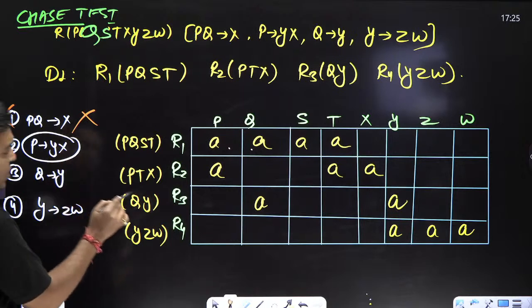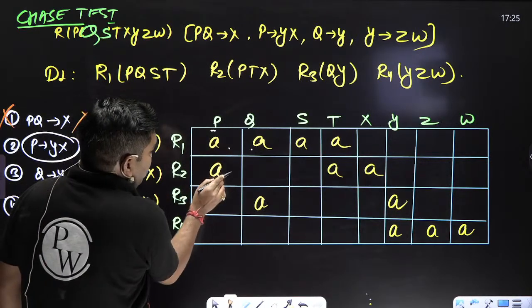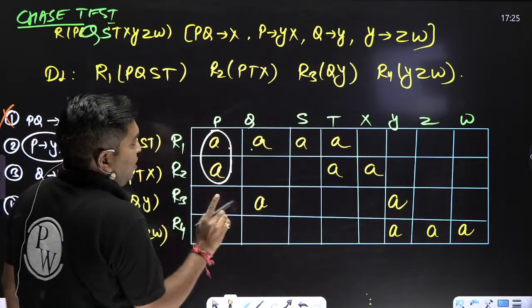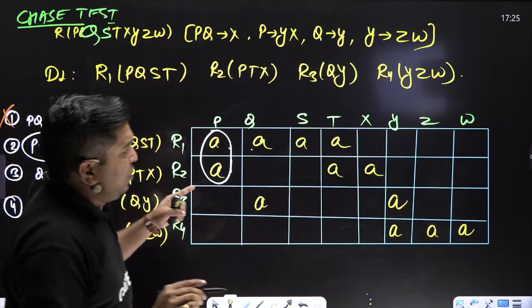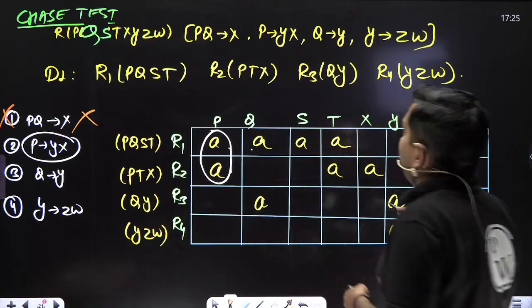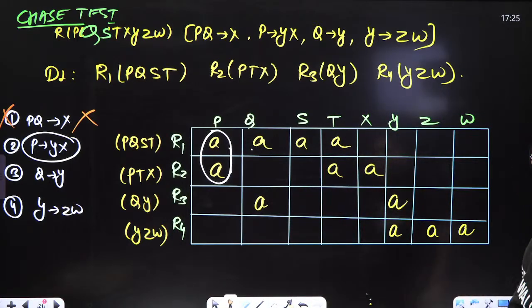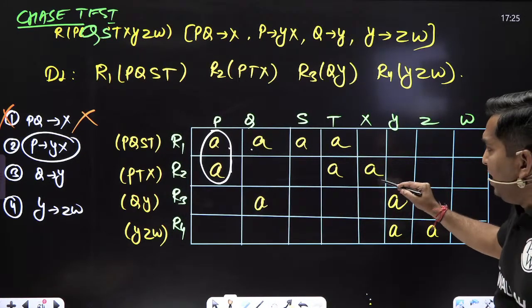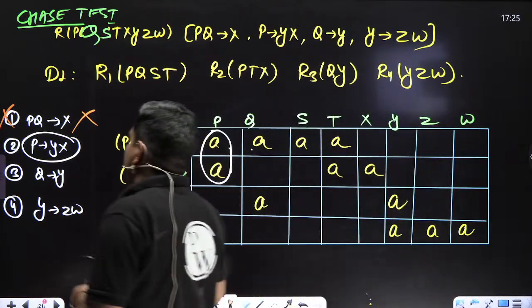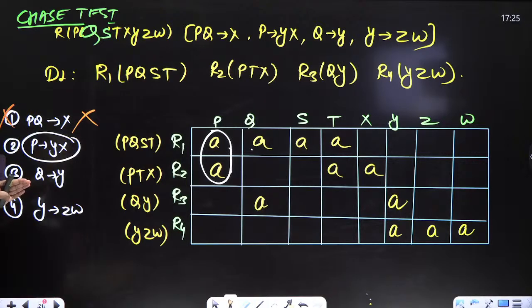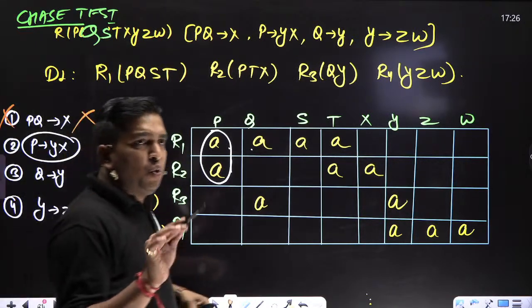So here you can see we have two P values. Now, can we have Y and X? Here we don't have any Y value. Yeah, you directly apply first Q determines Y. Can we have two Q values?